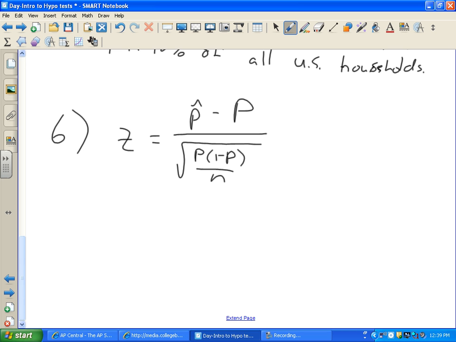Does that look familiar? The bottom? How did we originally do z's? Wasn't it actual minus that over that? And then if we sampled it, it was that? Isn't that? That?